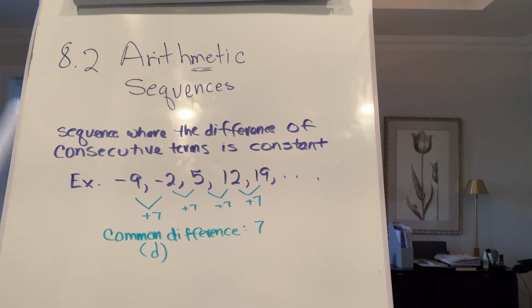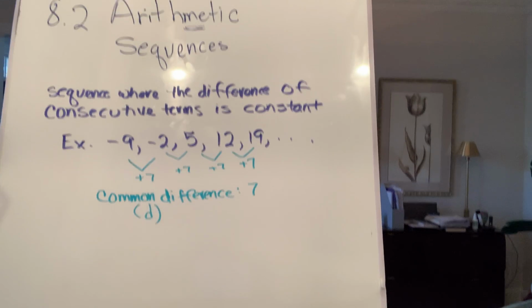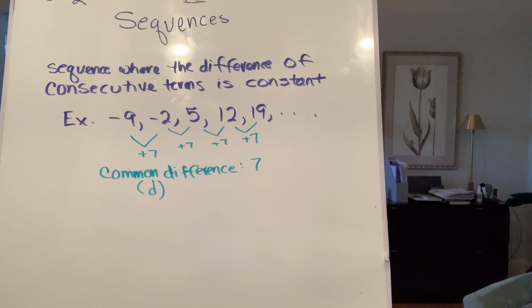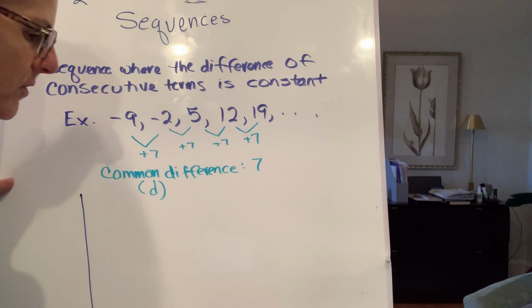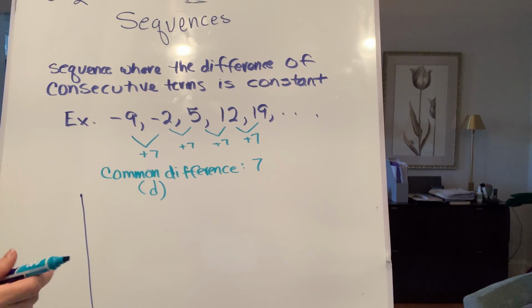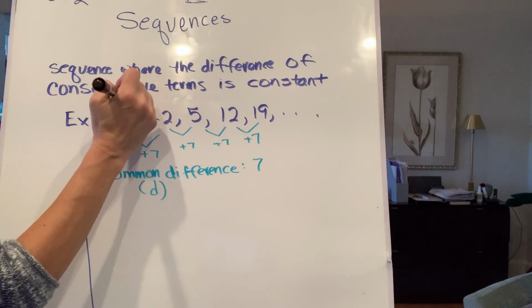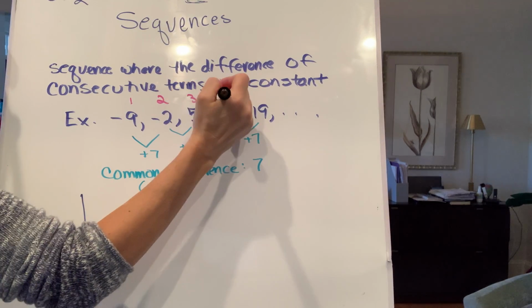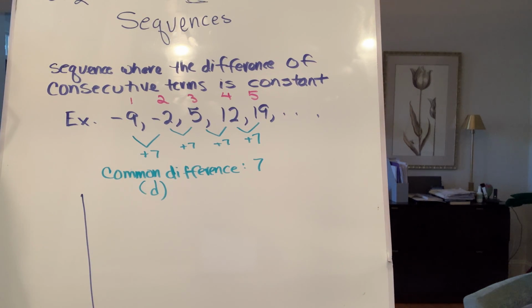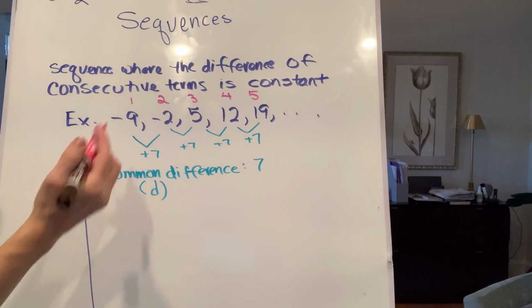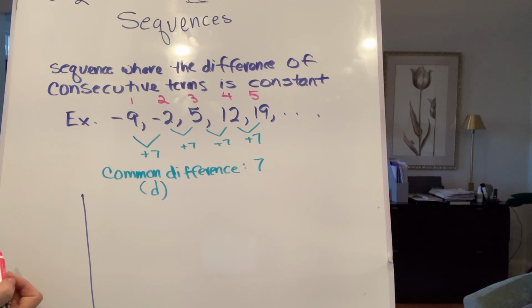I'd like to take a minute to look at a special feature of arithmetic sequences, and that's the graph of them. So if you think about it in terms of what we were talking about with our domain and range, can you guess what a graph of an arithmetic sequence is going to look like? The change in the x's is 1, the change in the y's is 7.